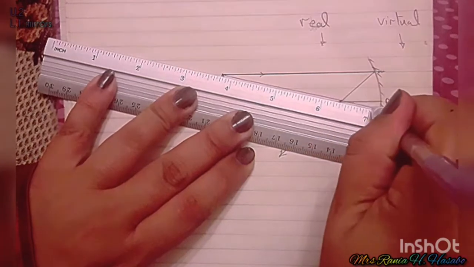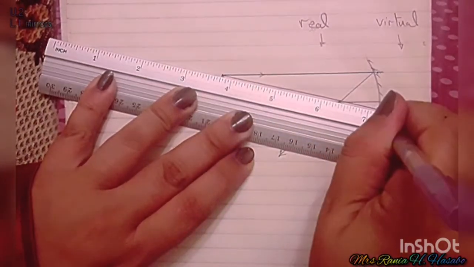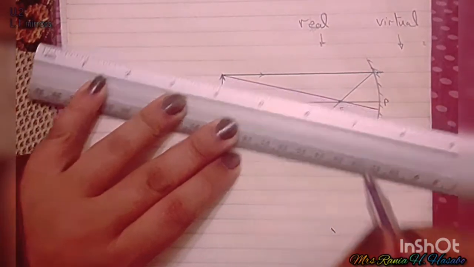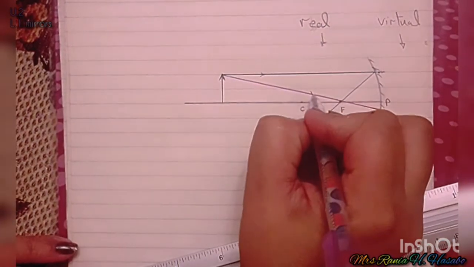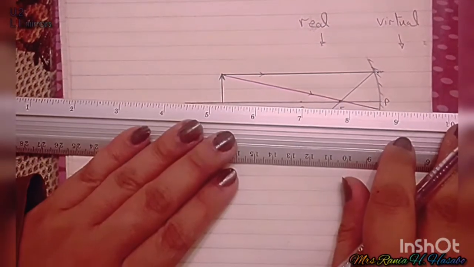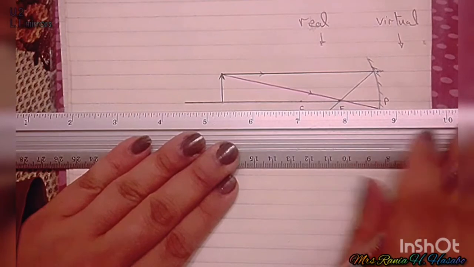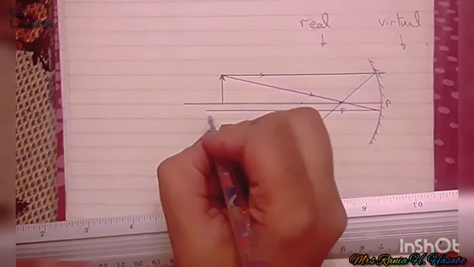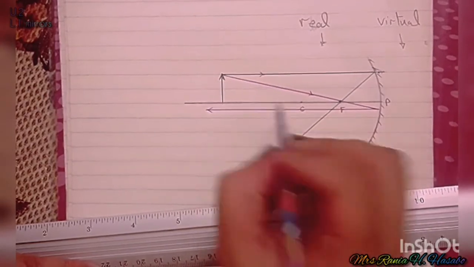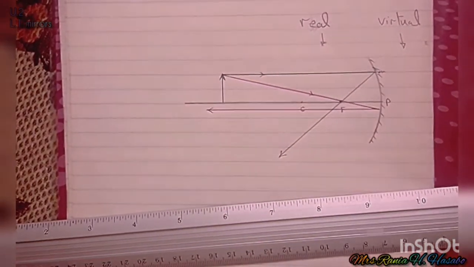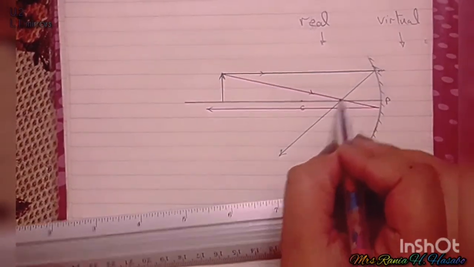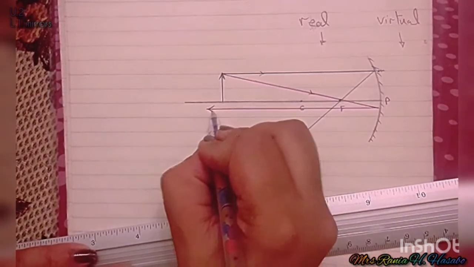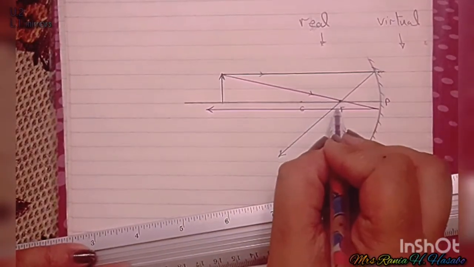Draw another ray from the same point, the top of the arrow, where it falls passing through the focus, so it reflects parallel to the principal axis. One parallel reflects focus, one focus reflects parallel.